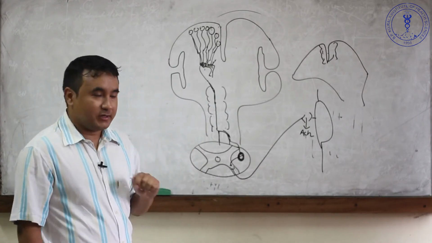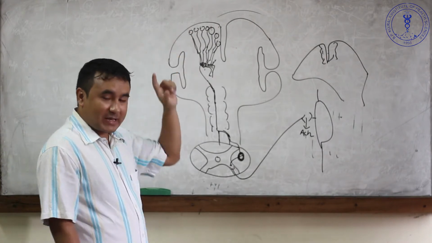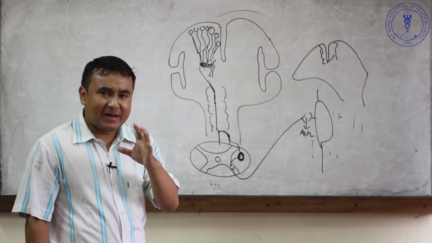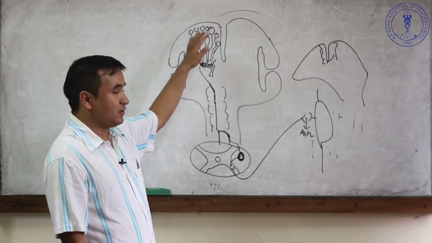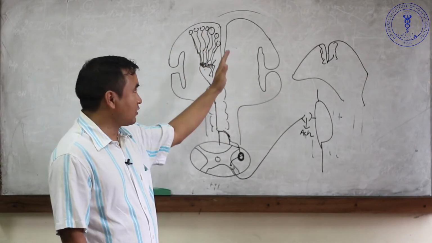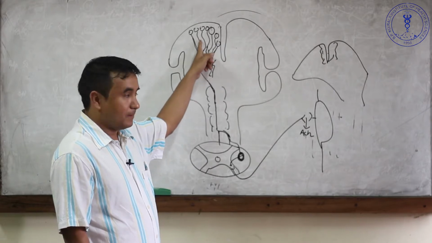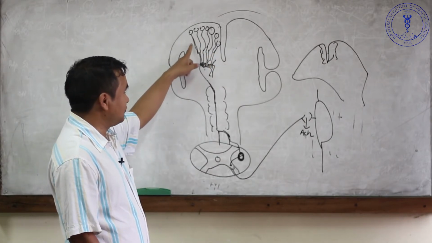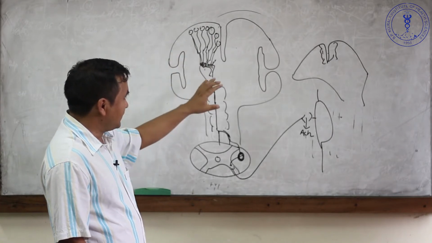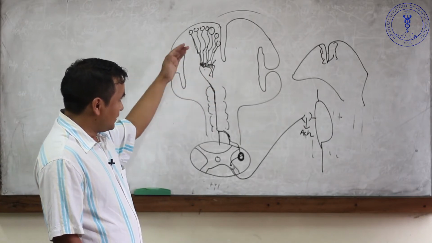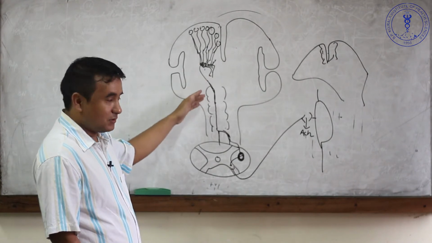So I'll repeat again. The corticospinal tract arises primarily from the primary motor area that lies in the frontal lobe, just in front of the central sulcus. This corticospinal tract will give the corona radiata. Those fibers will be densely packed in the posterior limb of the internal capsule.